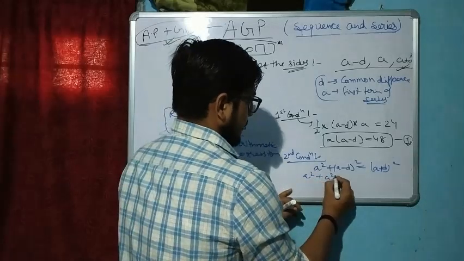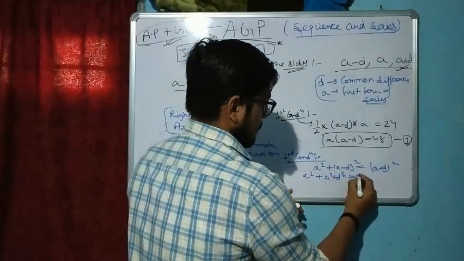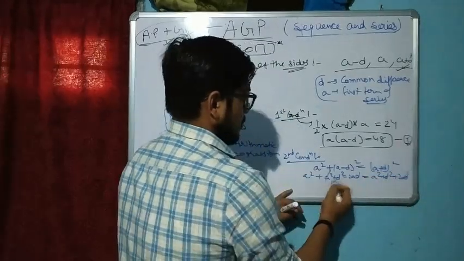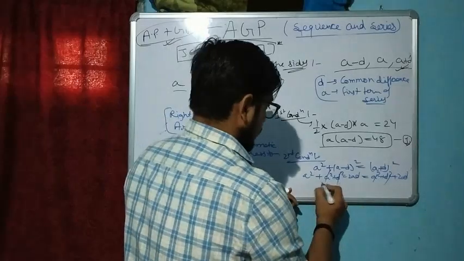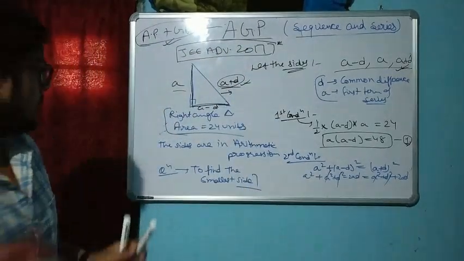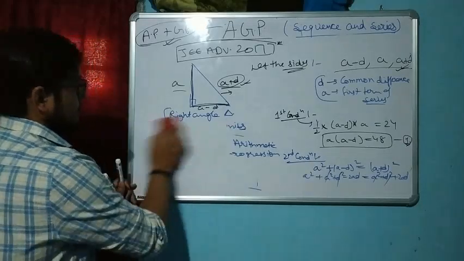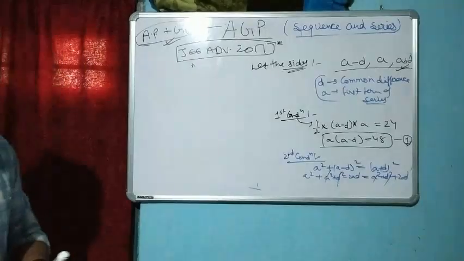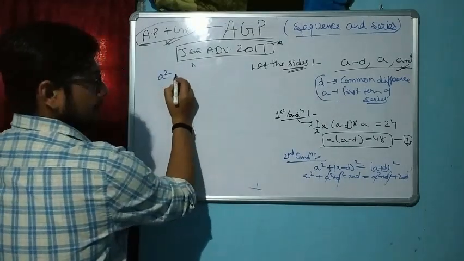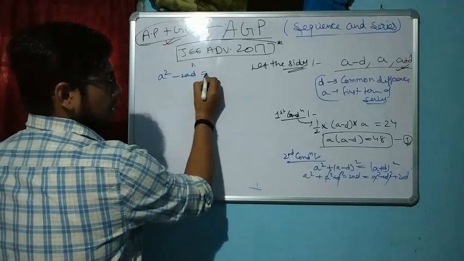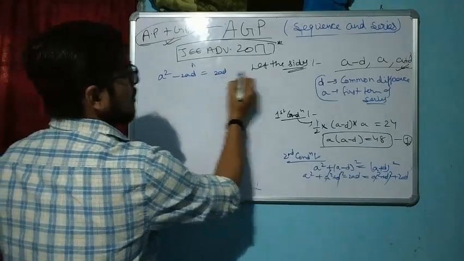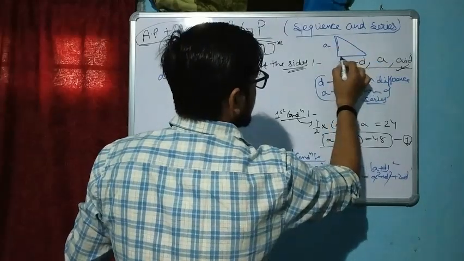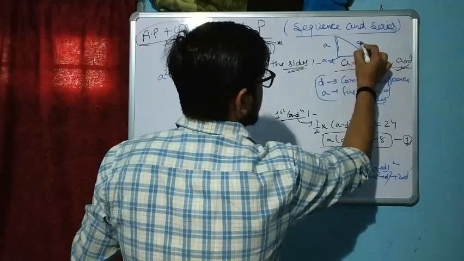On simplifying, we get a square plus d square plus 2ad, so these will cancel. So we have a square minus 2ad equals 2ad, and we have this triangle with sides a minus d, a and a plus d.